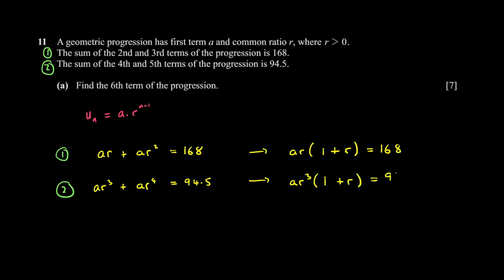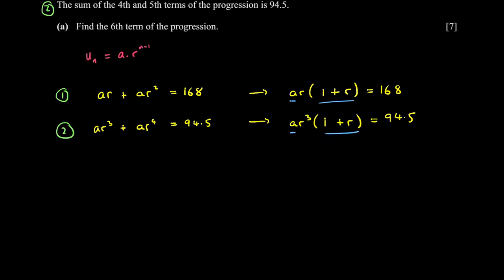Now the reason I've done that is because if you look at both these equations, I've got a common factor of 1 plus r, and I've got a common factor of a. So what does this mean? It means that if I divide equation 2 by equation 1, then something interesting is going to happen: this term is going to cancel off with that term, and that a is going to cancel off with that, and we're just going to be left with r cubed divided by r.